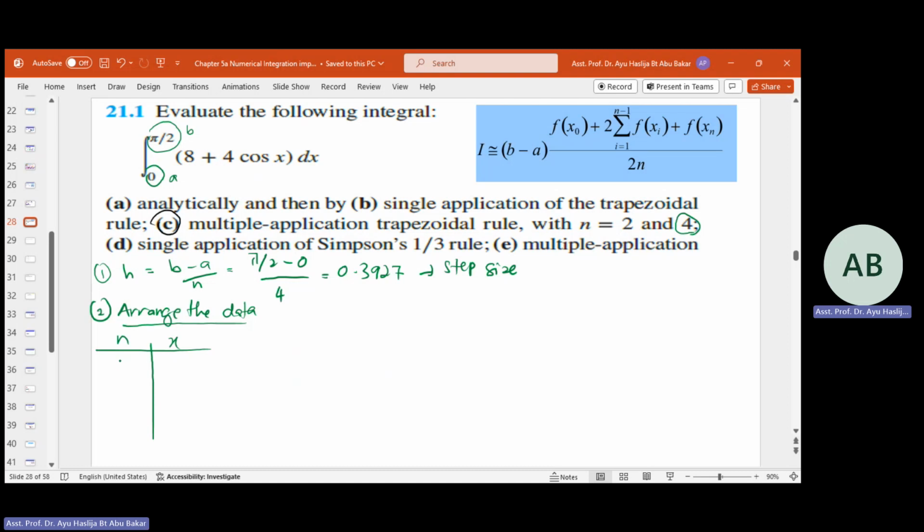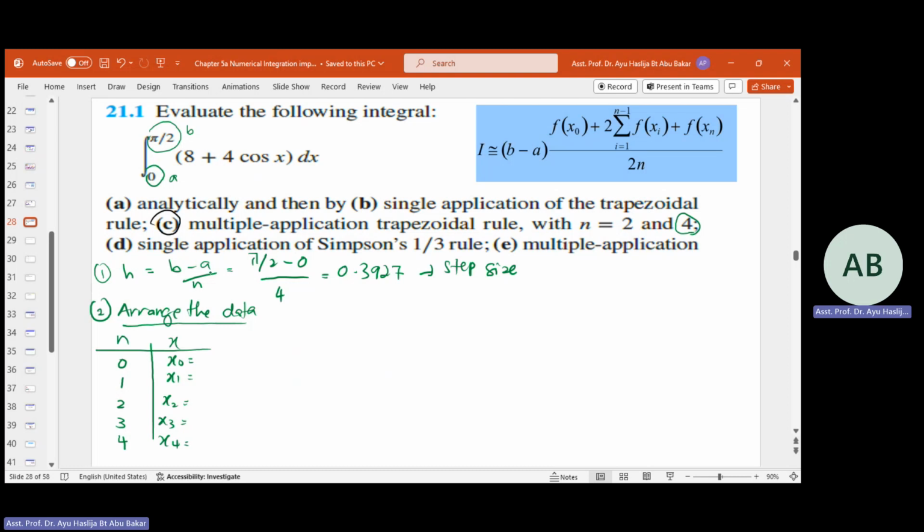Okay, n equals 4, meaning that you will have 5 data points: x0, x1, x2, x3, x4. So find out what your x values are first.